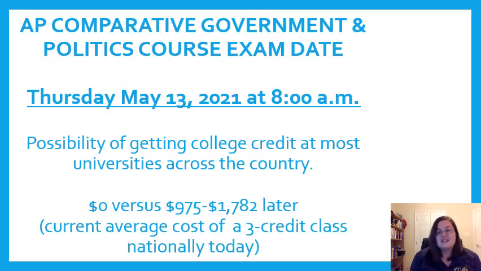Now, the current cost of an average 3-credit course in the state of Virginia ranges between about $1,000 and $1,800 just for one class. If students score a 3, 4, or 5 on the comparative government exam, it could mean saving that amount of money by not having to take this course in college, regardless of what you choose to major in down the line.